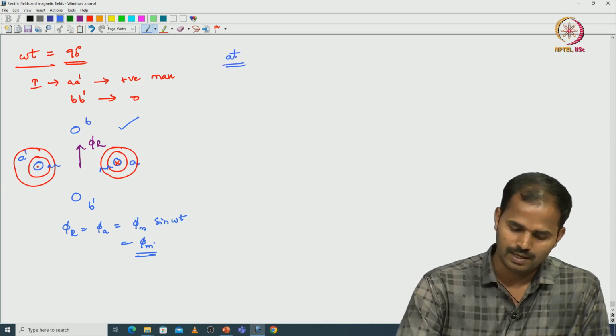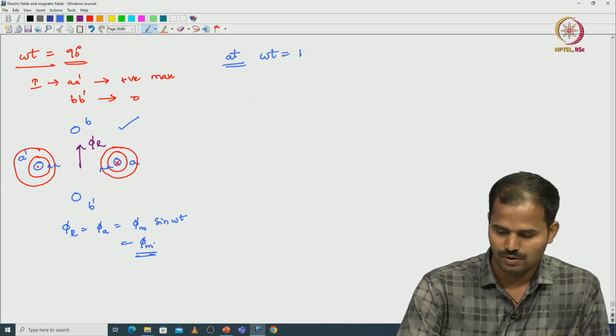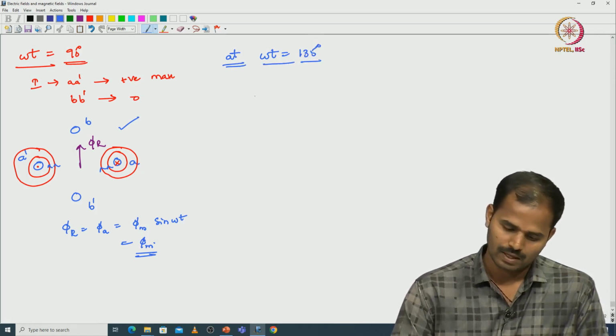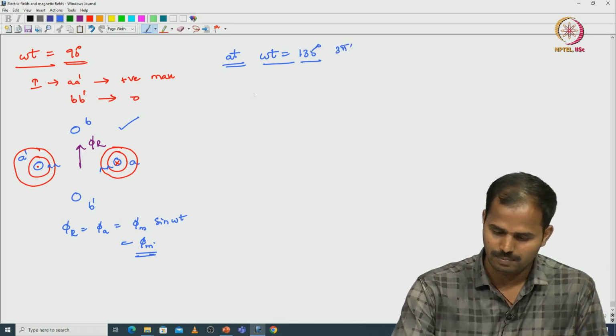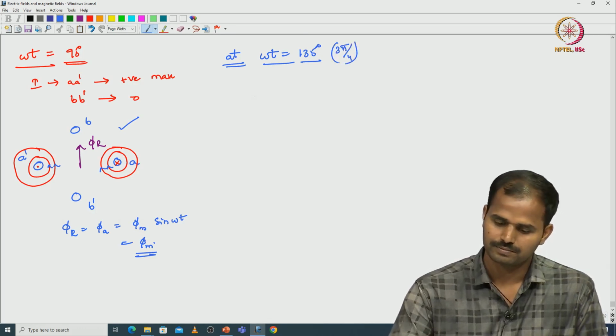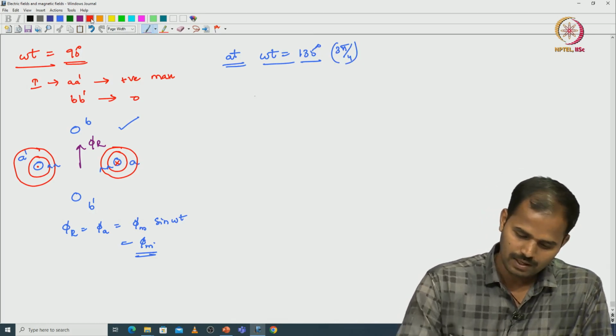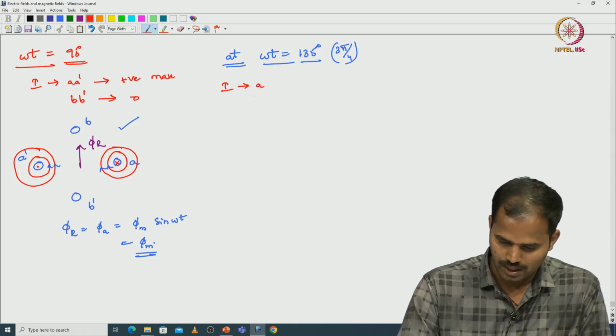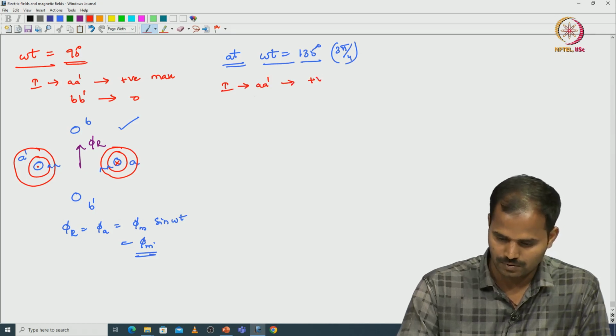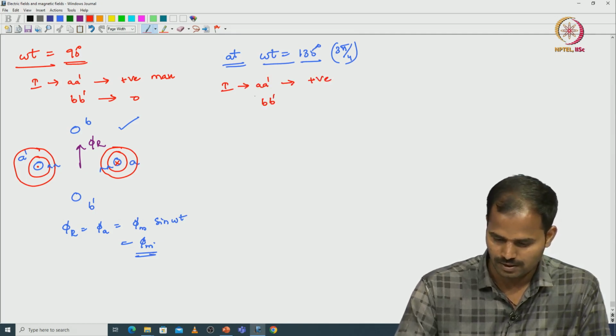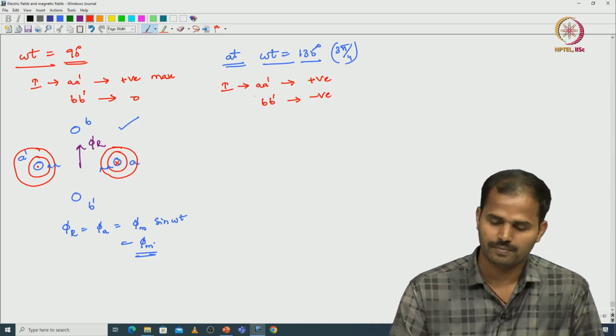Next, we will see the instant omega t equals 135 degrees, or 3 pi by 4. The current to the coil A dash is positive, B dash is negative.